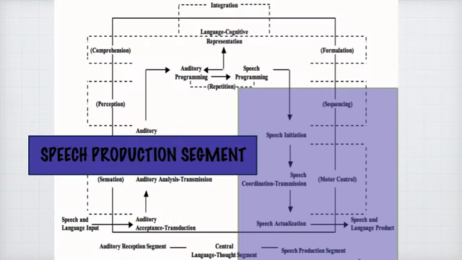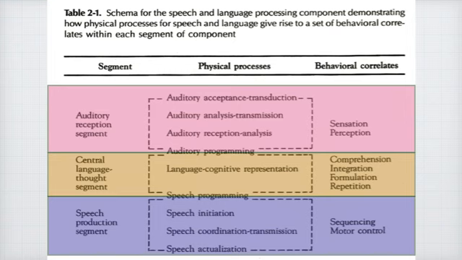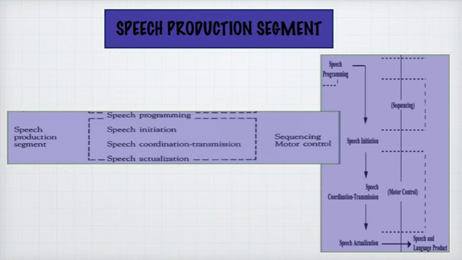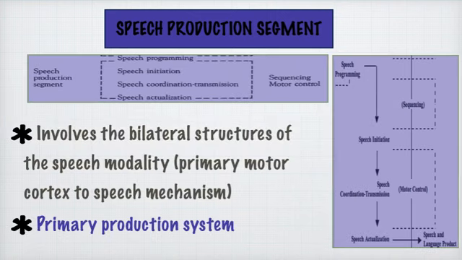Okay. Next, let's go to the last segment, the speech production segment. The speech production segment involves the bilateral structures of the speech modality, from the primary motor cortex down to the speech mechanism.